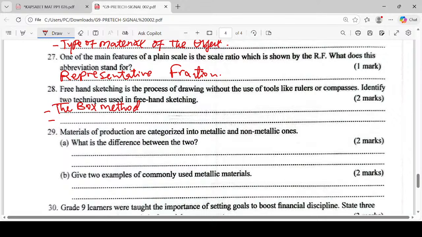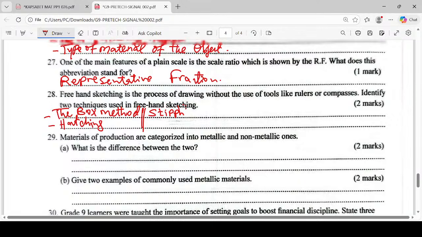We have also what's called hatching. We can have what's called stippling. We can have what is called blending, cross-hatching, and compass, among others.